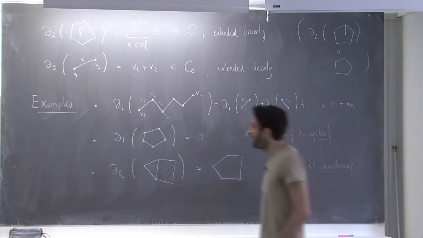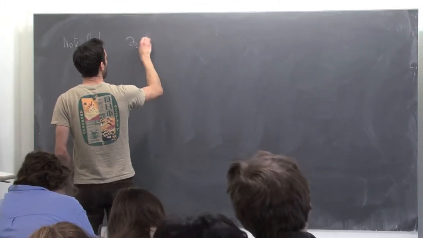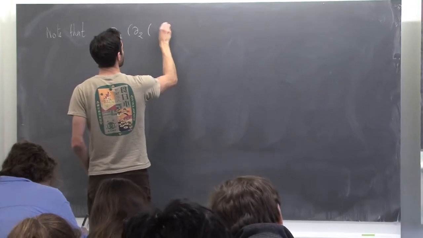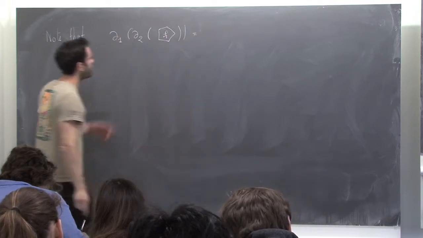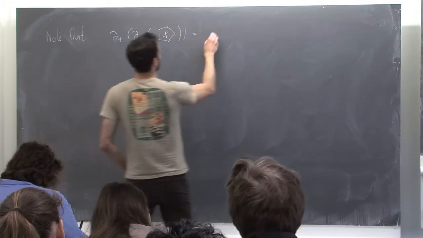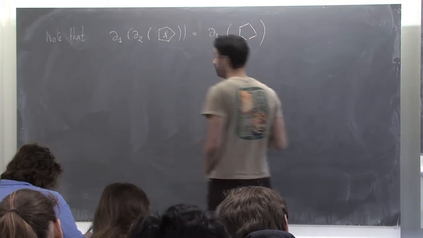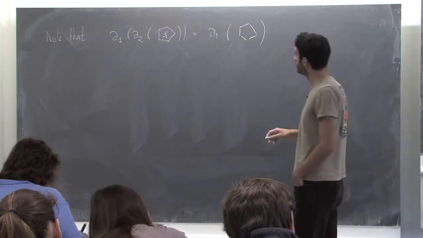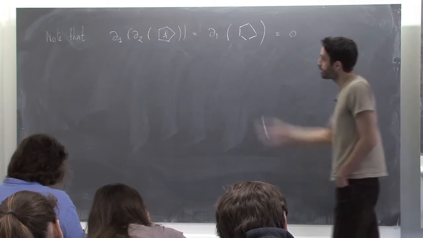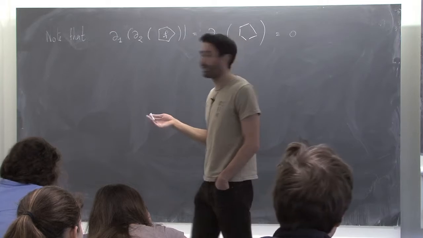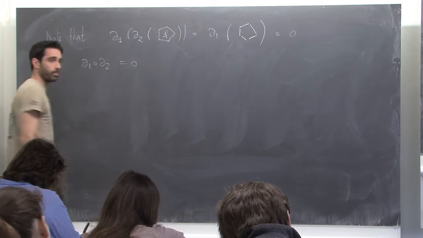And now, note that if you take delta 1 of delta 2 of a face, what do we get? This is delta 1 of the sum of edges that are in the boundary, and this is 0. It works for a face, but since we extend everything linearly, delta 1 composed with delta 2 is always 0.